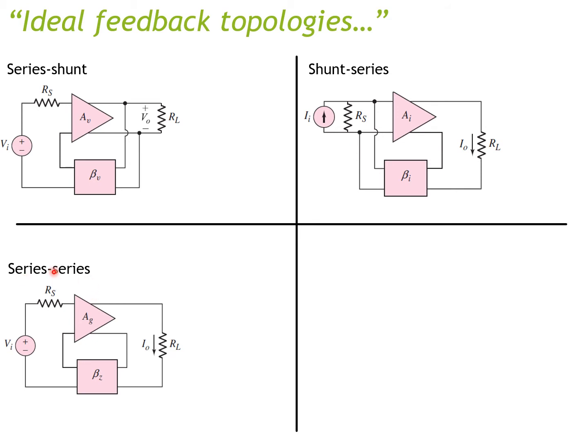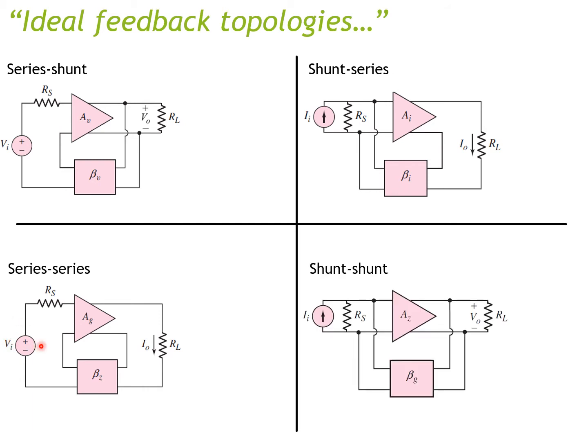Then we also have series-series, when output is current and input is voltage. And we also have shunt-shunt, when output is voltage and input is current. So as I say, for the first one, since output is voltage and input is voltage, this is a voltage amplifier. For shunt series, this is the current amplifier.